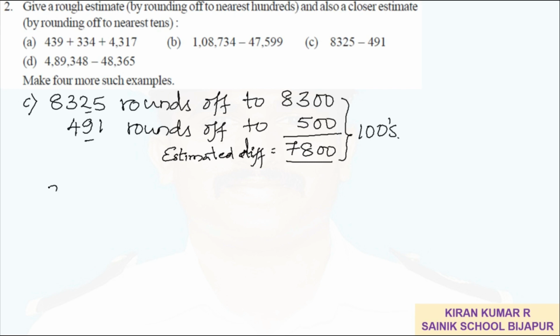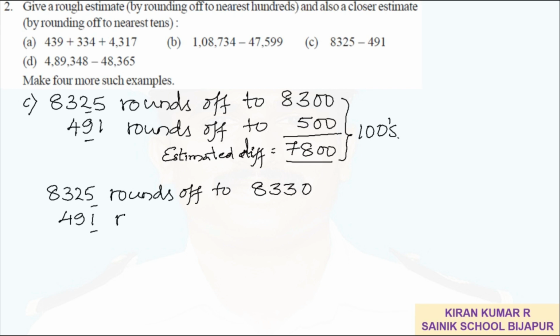Let me round off these numbers to the nearest tens. So we have to look at the units place. The first number rounds off to 8,330 because 5 is equal to 5, so we have to increase the next digit by 1. And this number rounds off to 490.